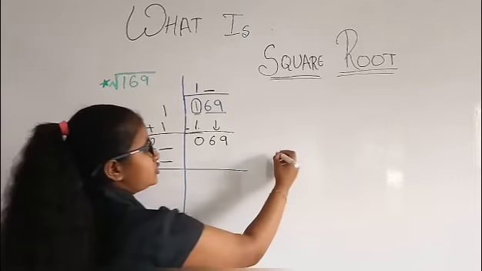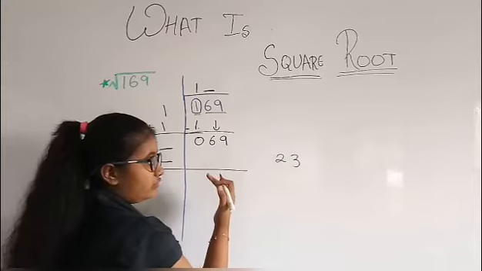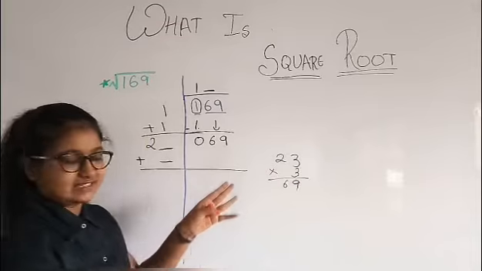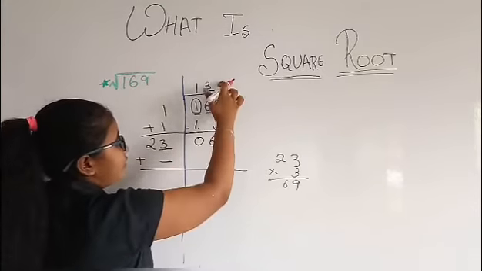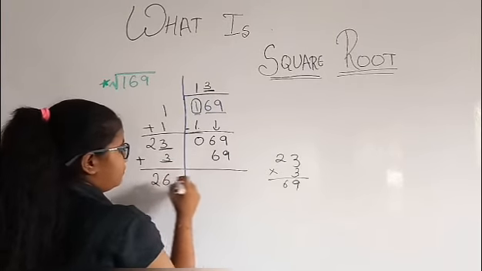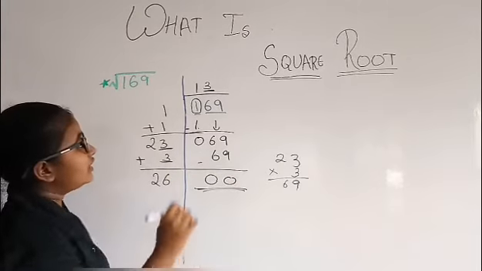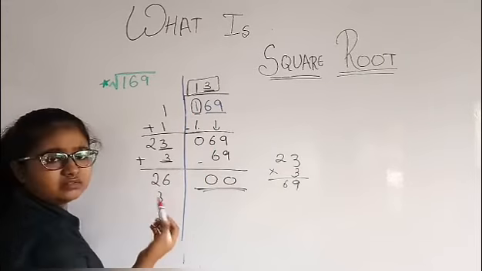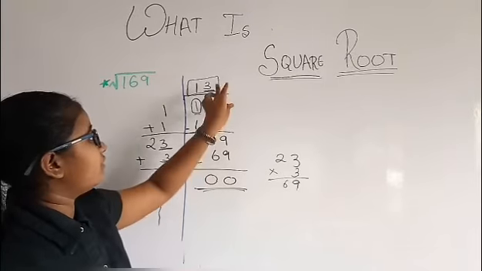So let's take 3 first. For 23, we take 2 on the forward side, multiplied by 3 is 69. So we got 69 directly. That's why we write 3 here, 23 multiplied by 3. We get 69, and we have to add 3 here also. As you can see, we get 0, 0. So our answer is completed here. We have no use for the remaining 26 here. As we got 0, our answer is done.